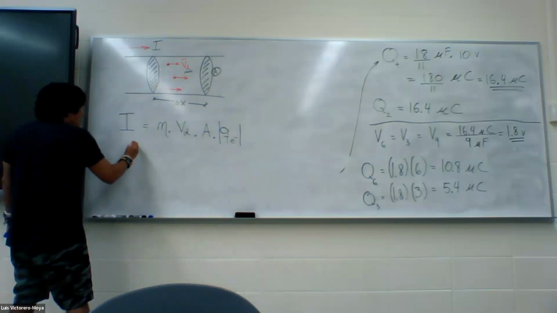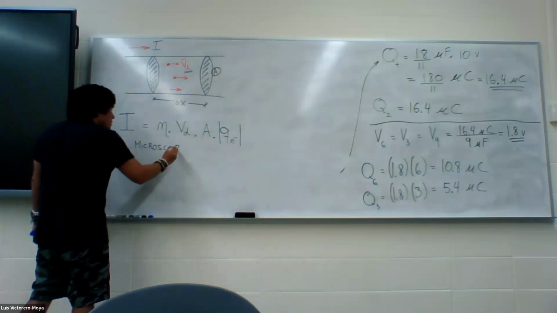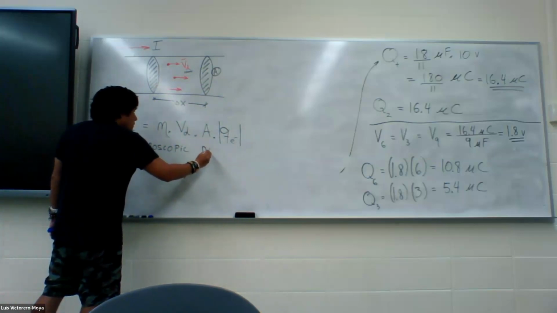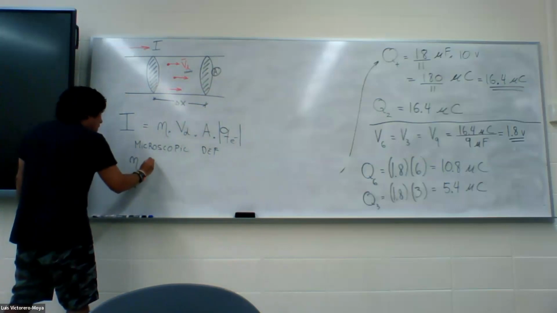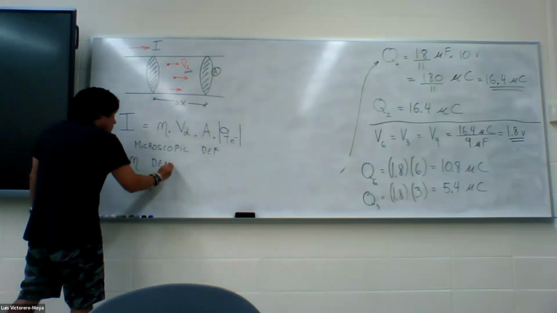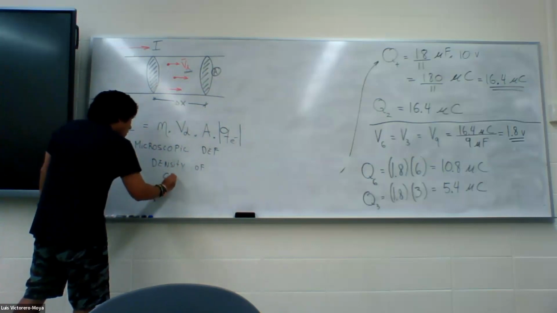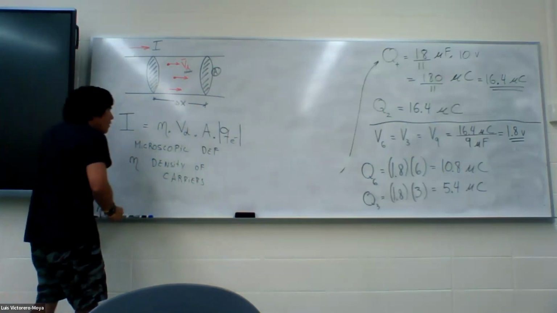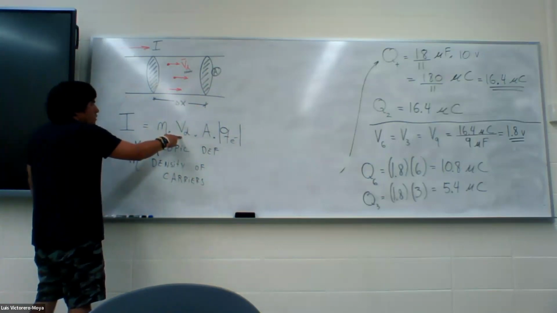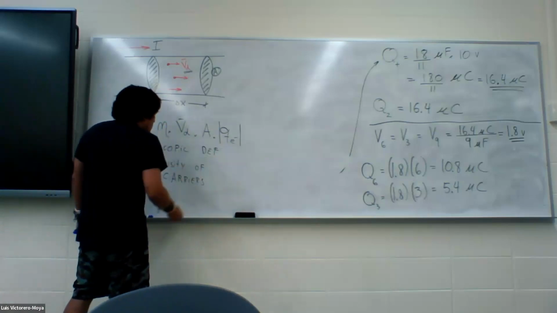This is the microscopic definition of current. Where this n is the density of carriers. This is the drift velocity, A is the area, and that's the charge.